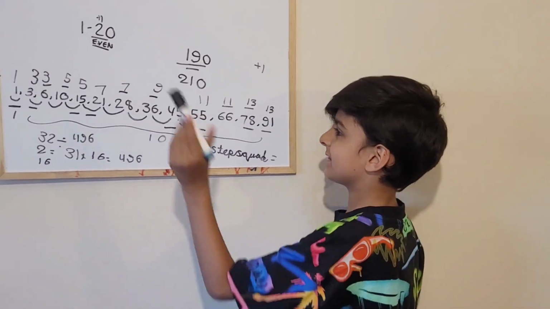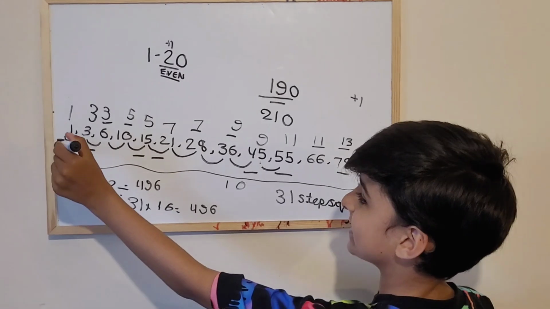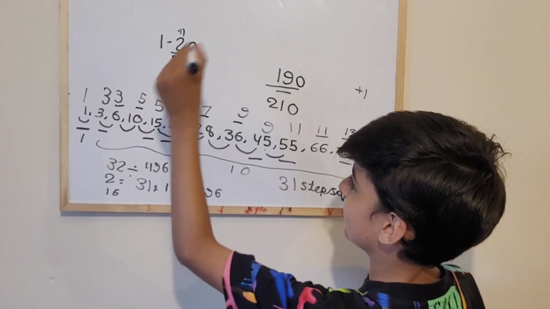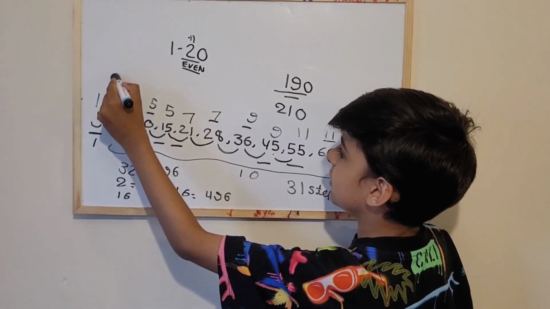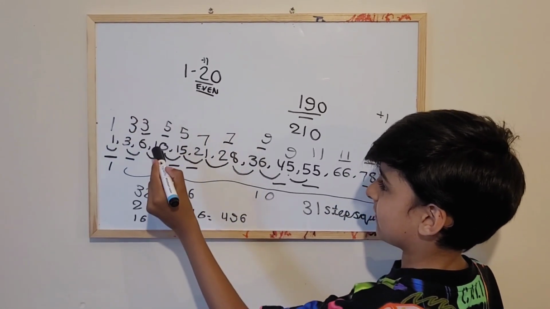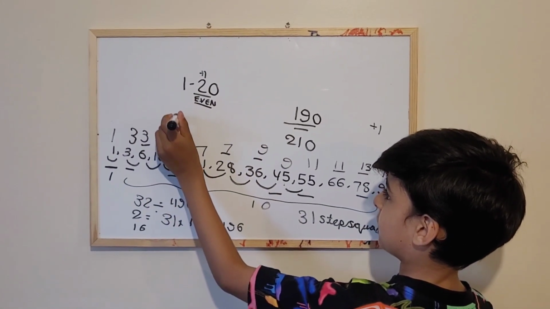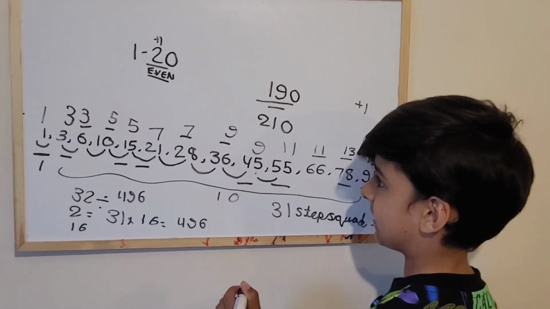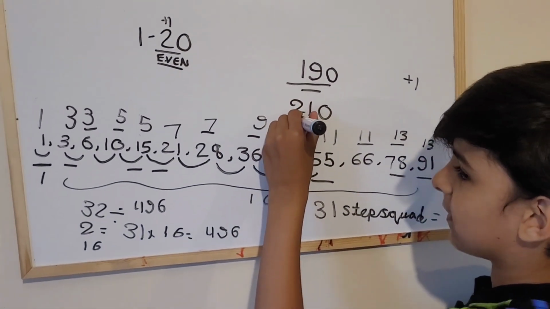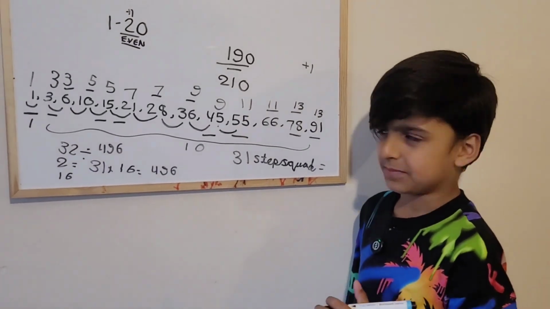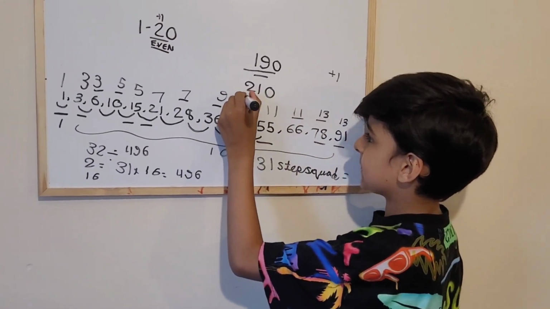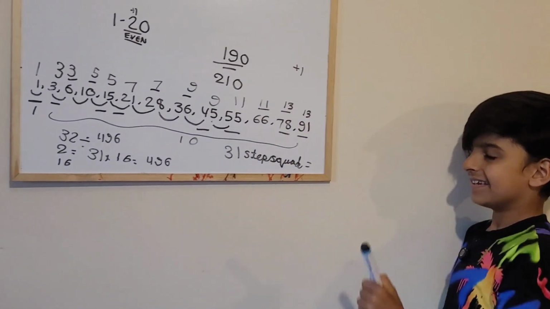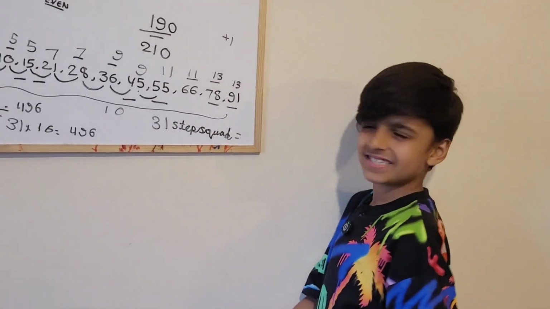Now, you look at these times table numbers. 1 is definitely the square of 1, so that's very easy to understand. 2 step squad and 3 step squad are in the 3 times table. 4 step squad and 5 step squad, 5 times table. 6 step squad and 7 step squad, 7 times table. 8 step squad and 9 step squad, 9 times table. 10 step squad and 11 step squad are in the 11 times table.